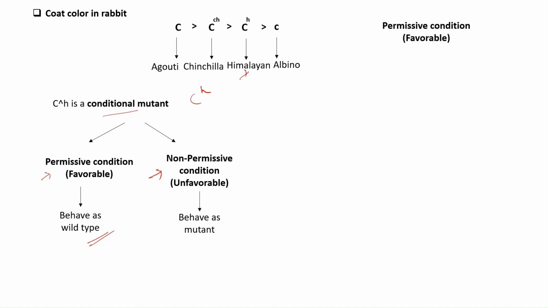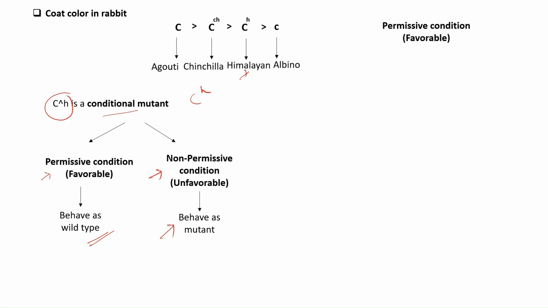We are talking about the phenotype here. The phenotype will behave as a wild type. But when the condition is not favorable, it will behave as mutant. So C^h, this allele, is a conditional mutant. That means whenever the C^h gets the favorable condition, it will behave as wild type, and when unfavorable condition is present, it will behave as a mutant.